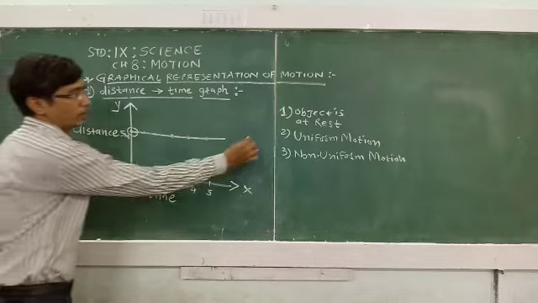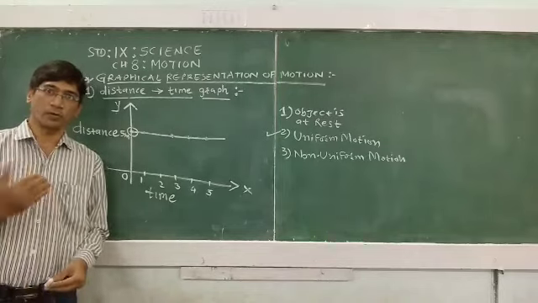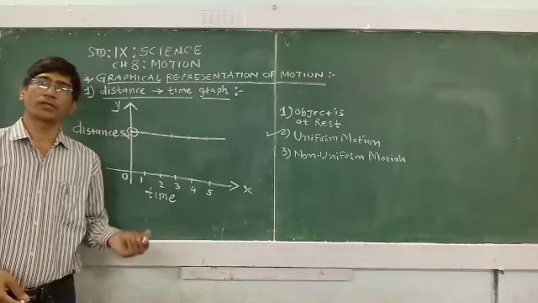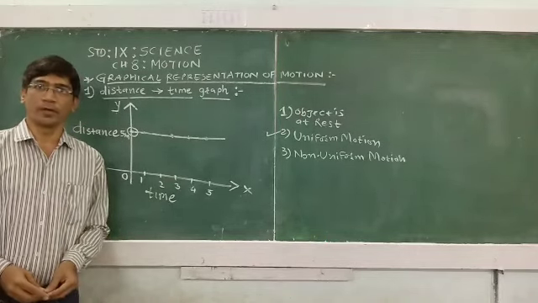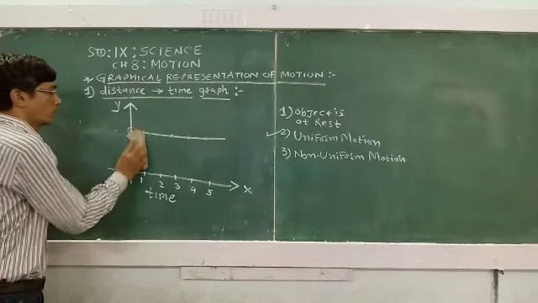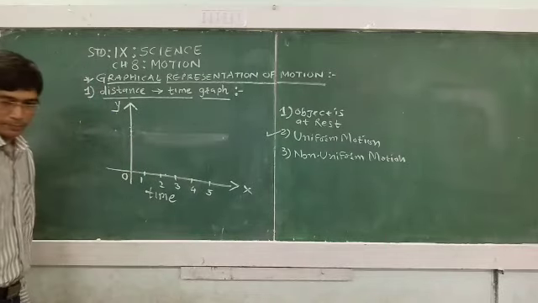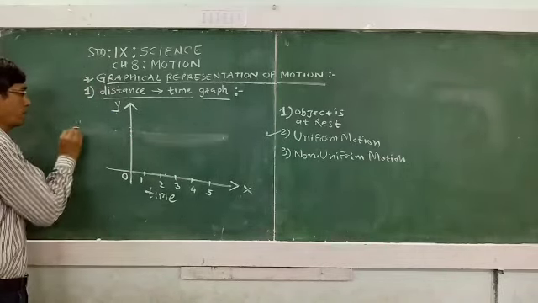Second, the uniform motion. As explained earlier, in uniform motion the object covers equal distance in equal time intervals. We take time on one axis and distance on the other.